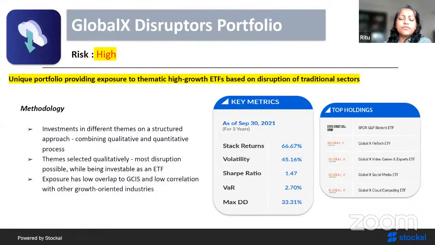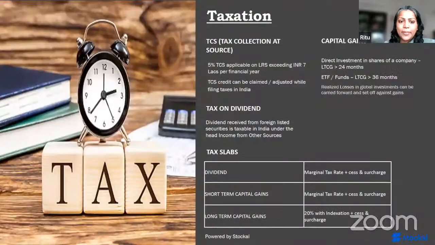Global Disruptor, for example, has given a return of about 67% in 3 years. So these are still continuing to be in focus, even with the continuing trend, because this is the future. So you have the option to invest in stocks, ETFs, or these portfolios as per your comfort, online within seconds.